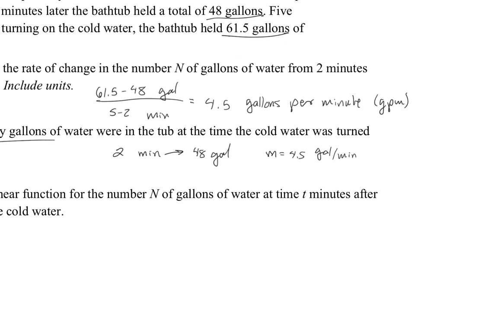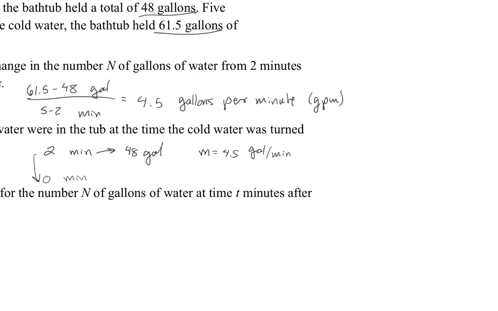So if we take this back to 0 minutes, we'd be doing a change of 2 times the slope. So if we said 48 minus 2 times 4.5, that will give us 39 gallons.